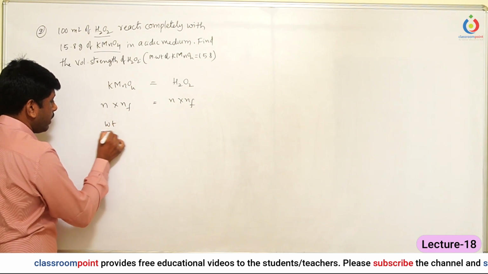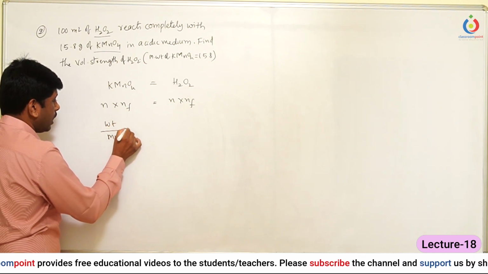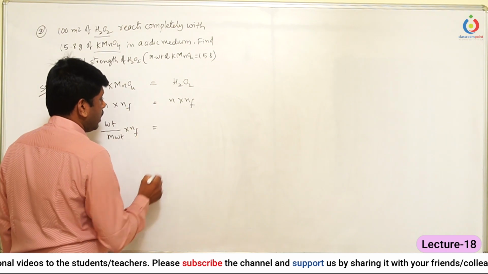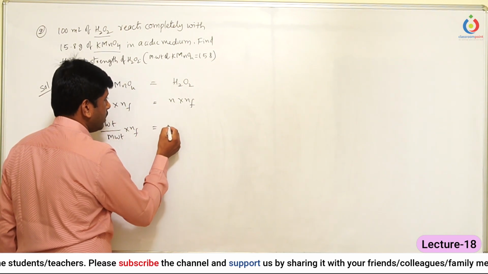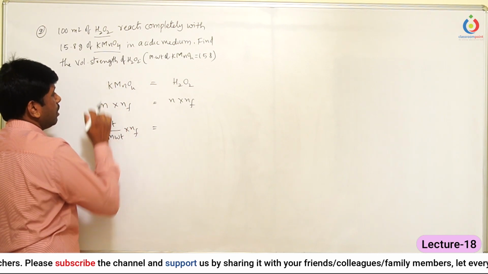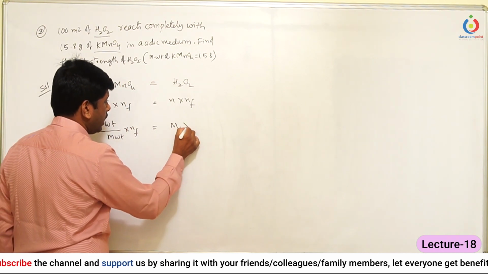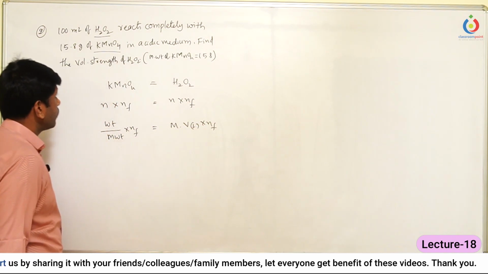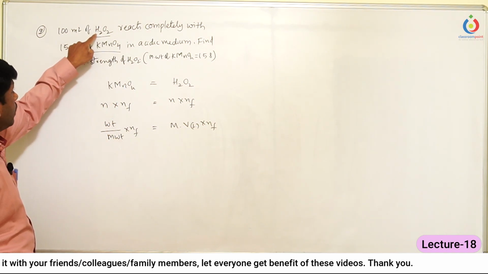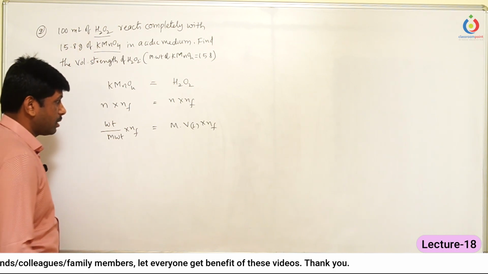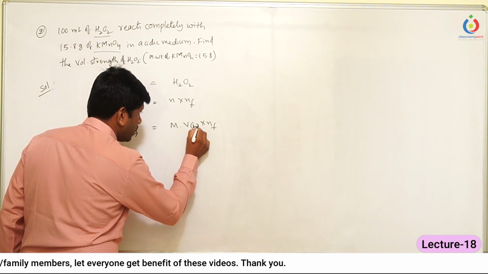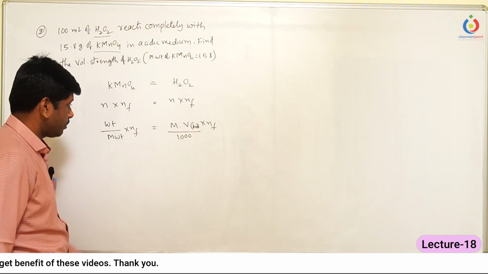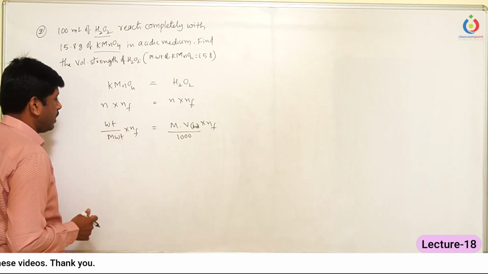So we can write weight by molecular weight into n factor equals, for the other side, molarity into volume in liters into n factor. But here the volume of the H2O2 is given in milliliters, so to convert it into liters, divide by 1000.